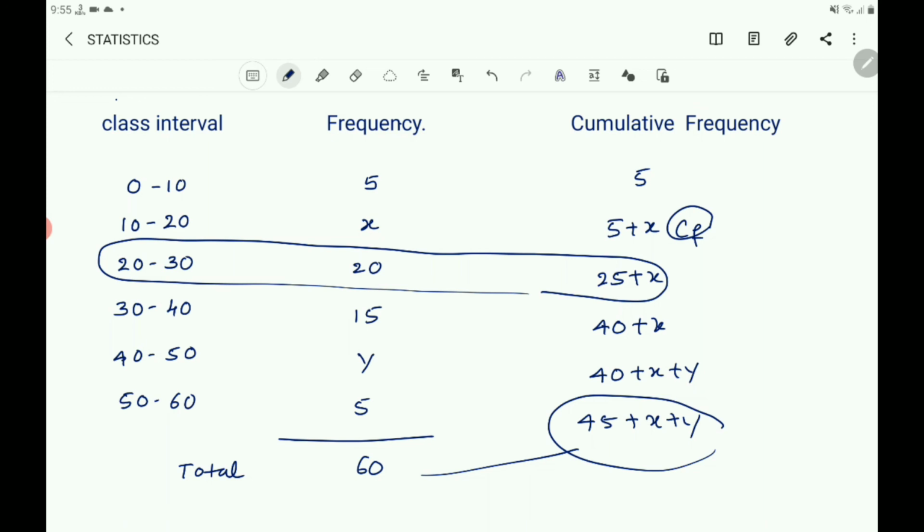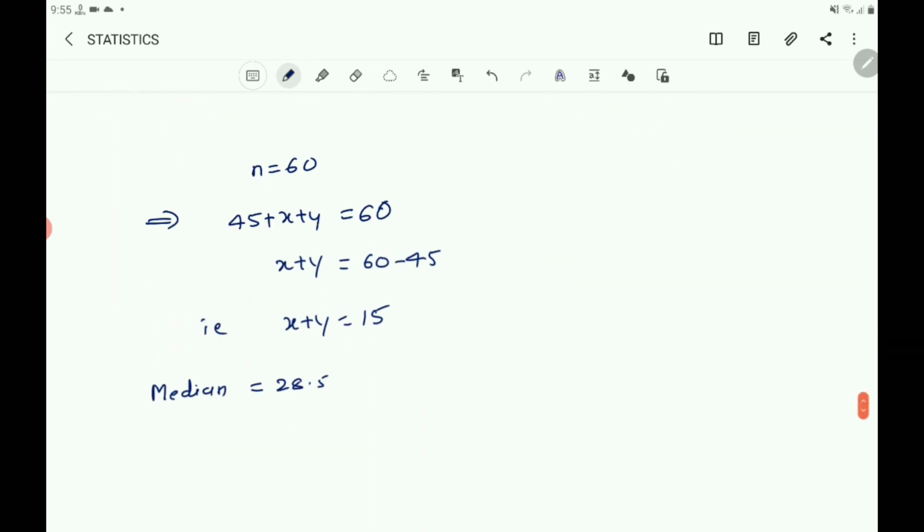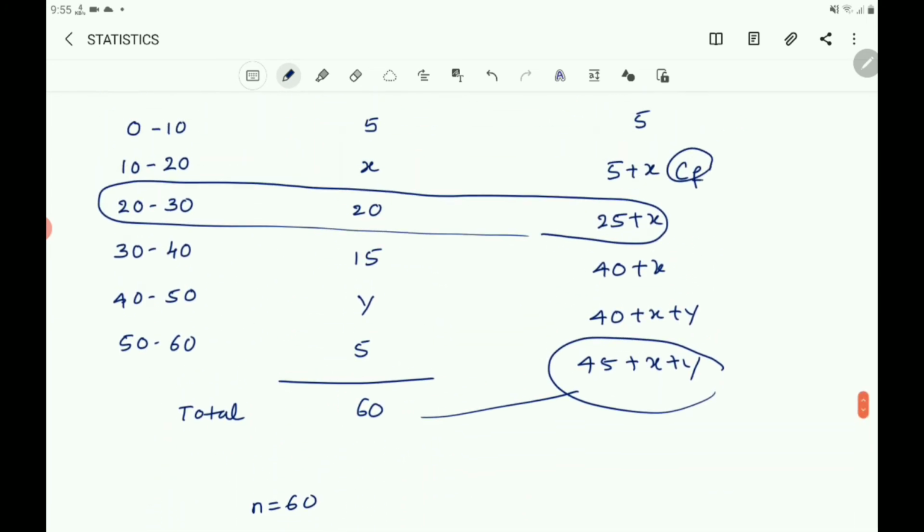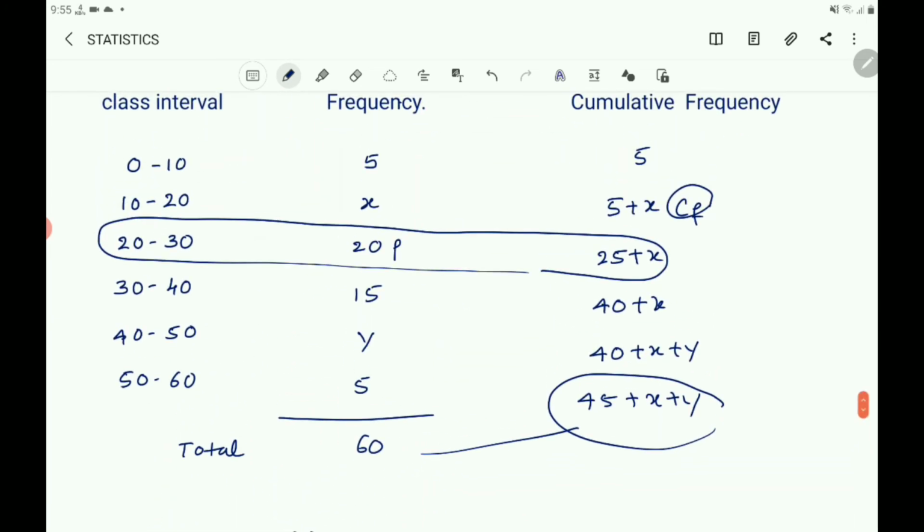So 20 to 30 is the median class. Therefore the median class is 20 to 30.